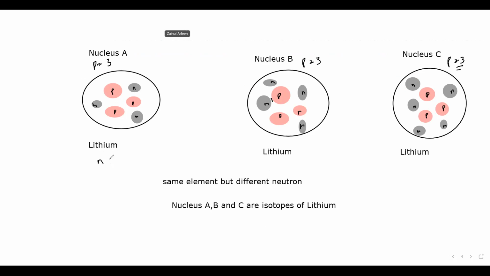When you check the neutrons, nucleus A has 3 neutrons, nucleus B has 4 neutrons, and nucleus C has 5 neutrons. So they have different neutrons and the same protons. Atoms with the same protons and different neutrons are known as isotopes.